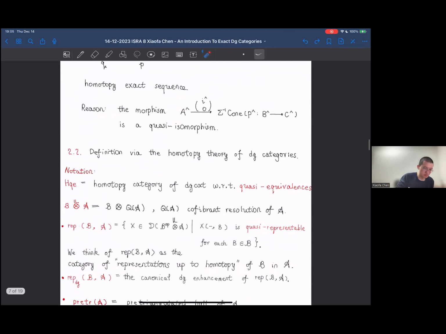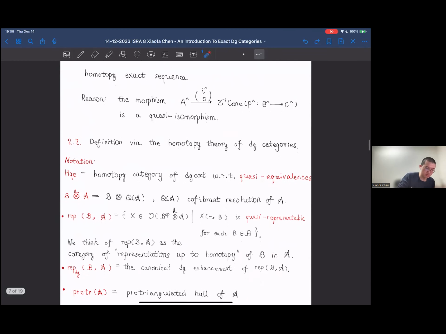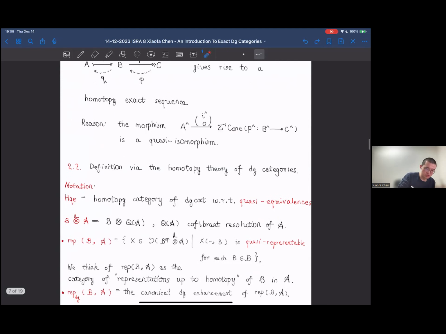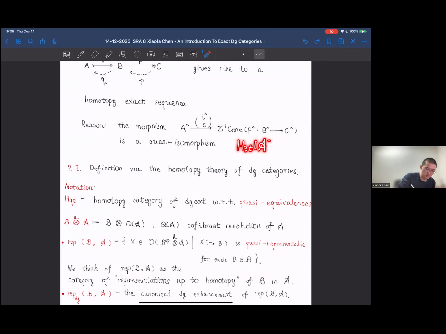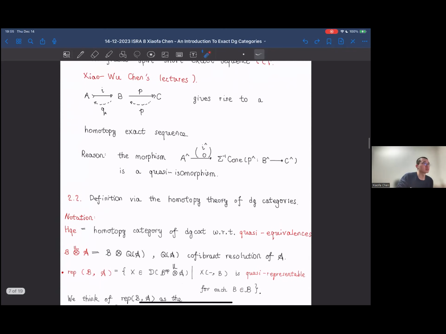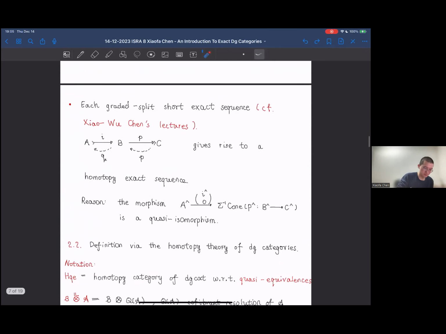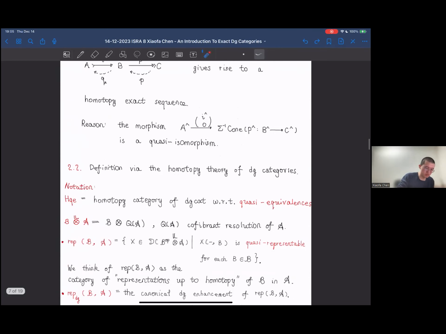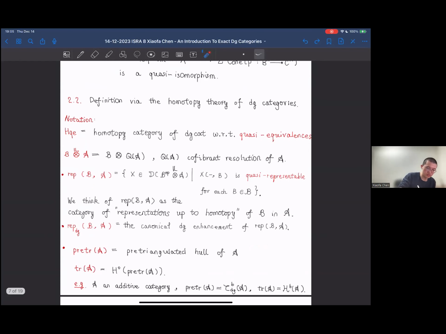Okay, next we give an alternative definition of this three-term homotopy complex over A, and the corresponding notion of homotopy left exact sequence and homotopy right exact sequence. So for this, we need to introduce several notions in the homotopy theory of DG categories. First, we have the category of small DG categories. Its objects are small DG categories, and its morphisms are DG functors.